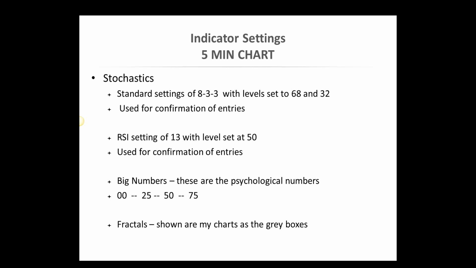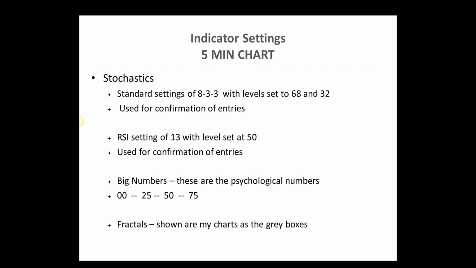Fractals shown on my charts are the gray boxes. Basically, they're just a 5-point fractal. If you guys aren't really aware of how fractals are made, you need to have two candles going up, a higher high, to the third candle, which is a higher high, and then it must create two candles coming down, a higher low and then a lower low.